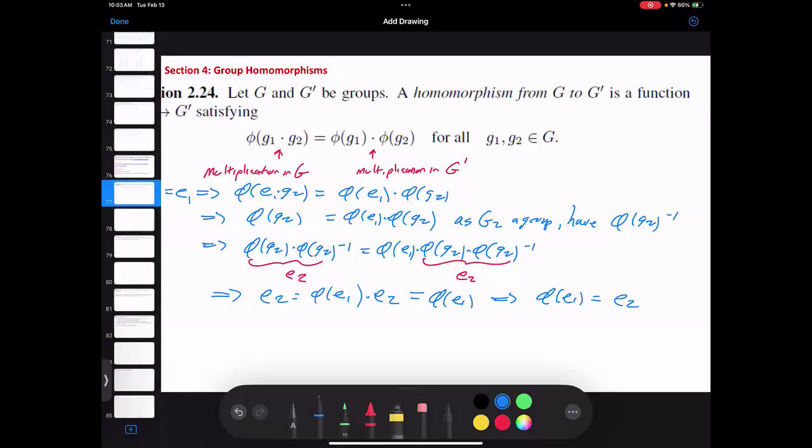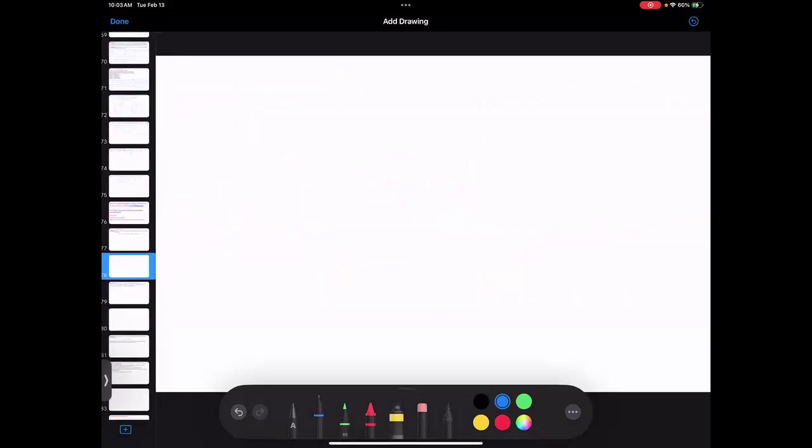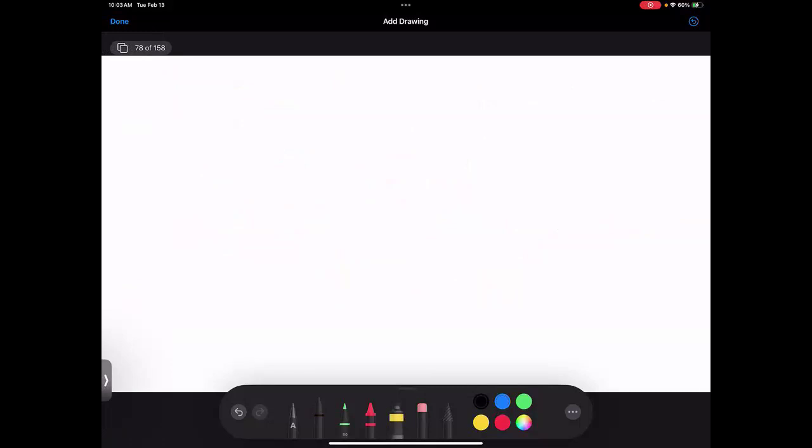So for the next thing, let's take G1 to equal G2 inverse. So G1 dotted with G2 is G2 inverse dotted with G2, which is just the identity.